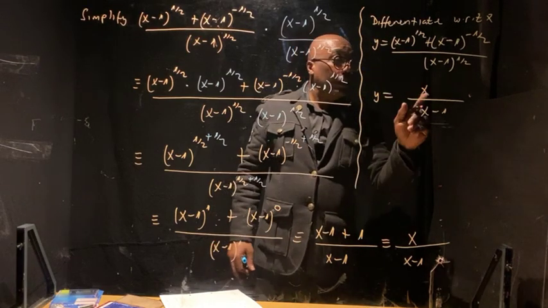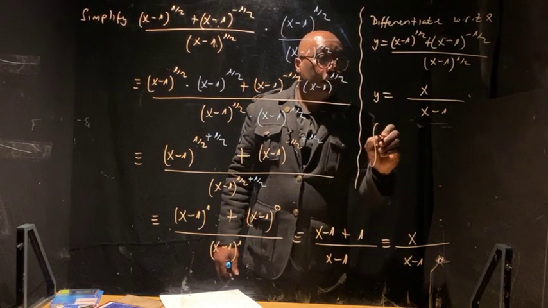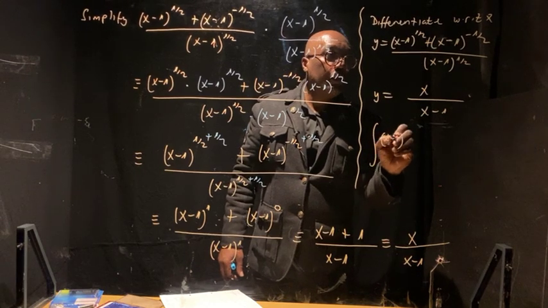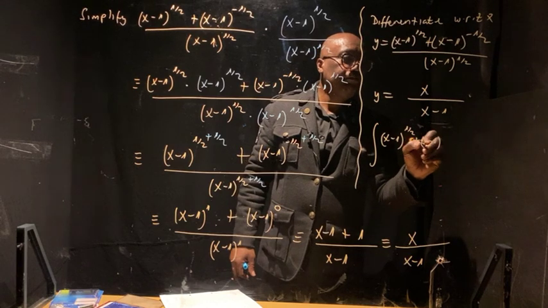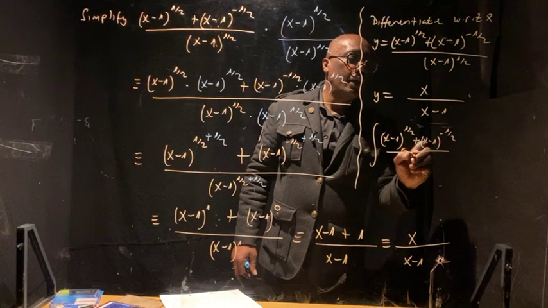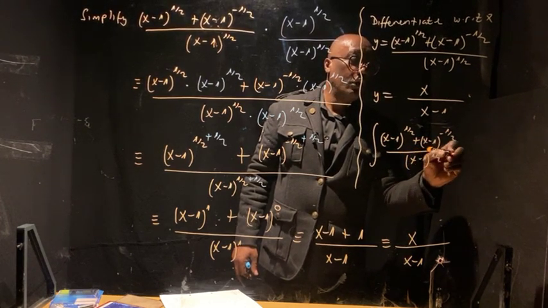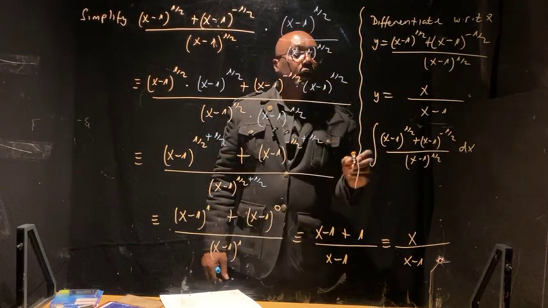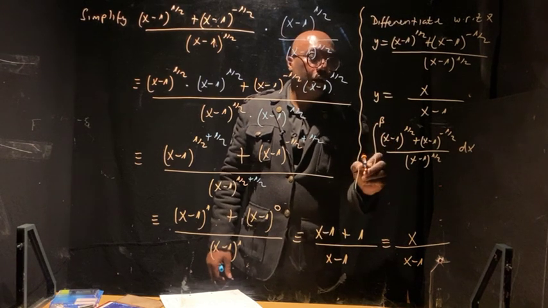And in that case, if you are requested to integrate x minus 1 raised to the power half plus x minus 1 raised to the power negative half over x minus 1 raised to the power half dx, and maybe you've been given integral limits to be, let's say, beta and alpha.